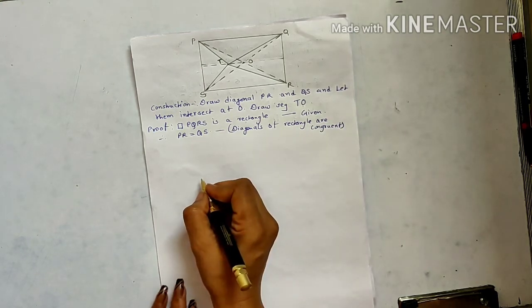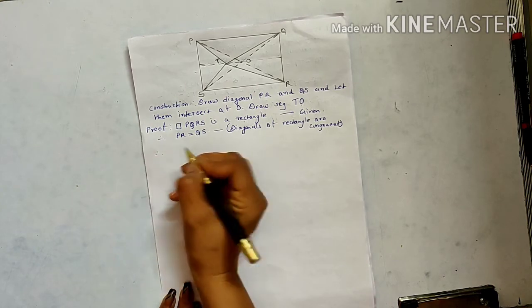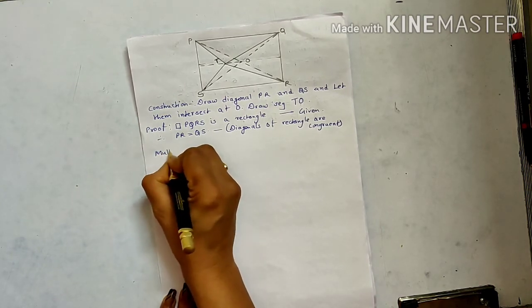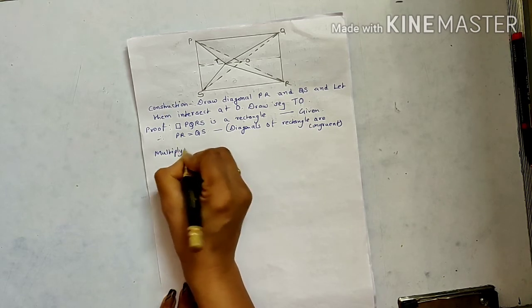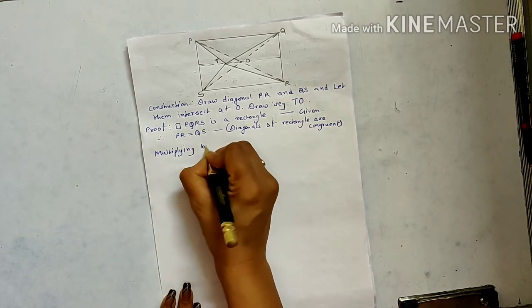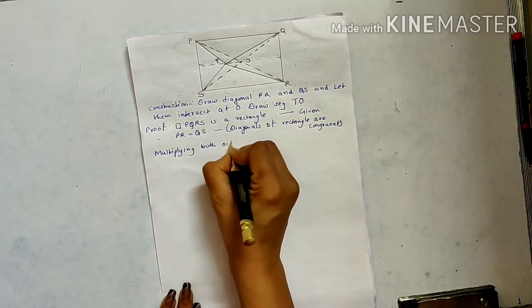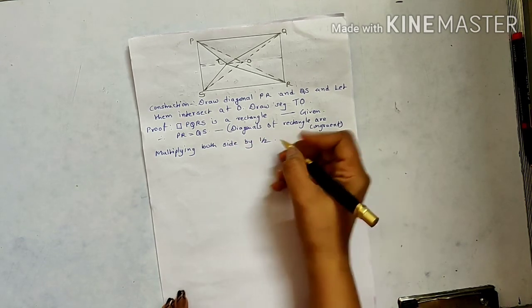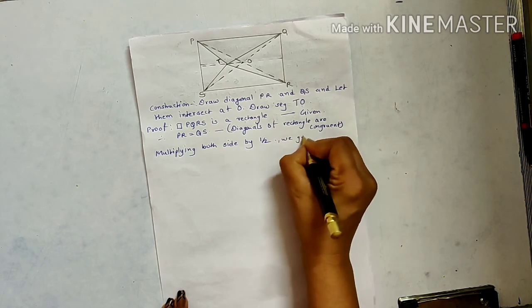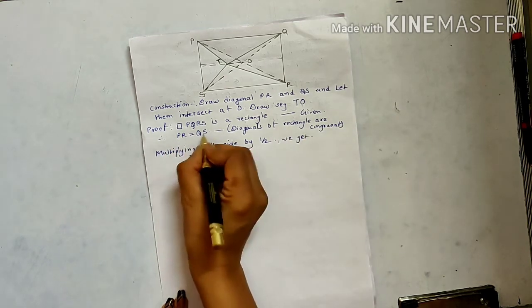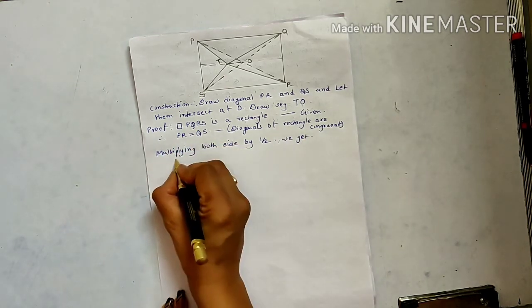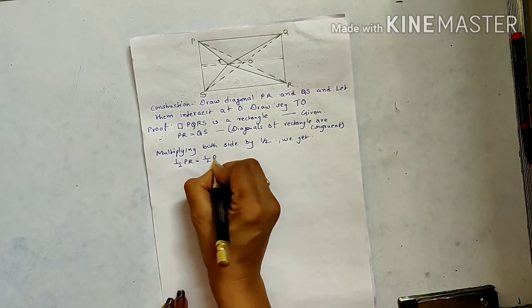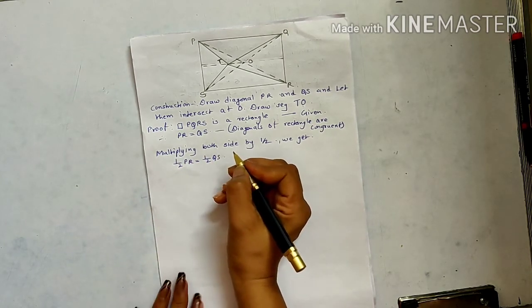Then let's multiply both sides by 1/2. 1/2 PR is equal to 1/2 QS.